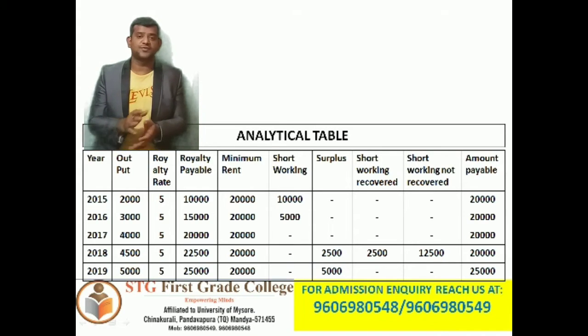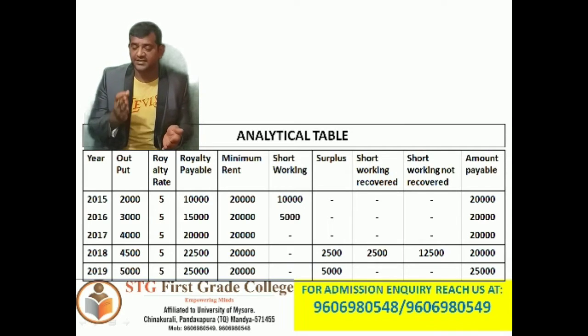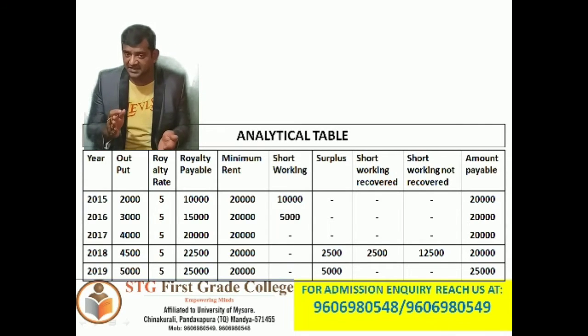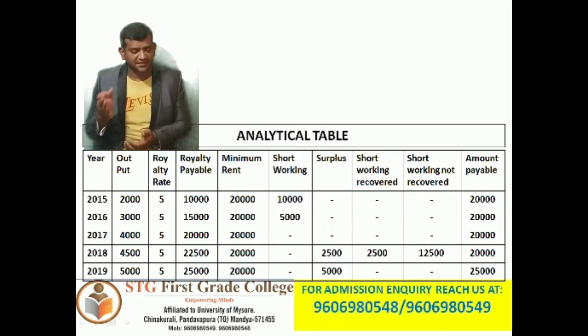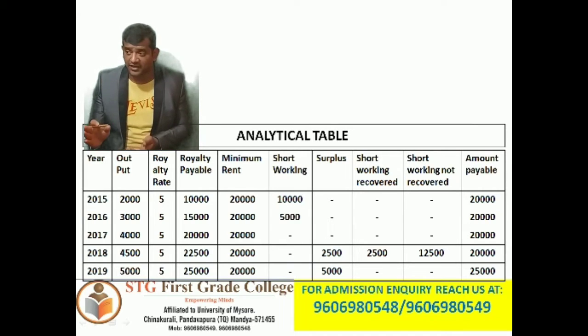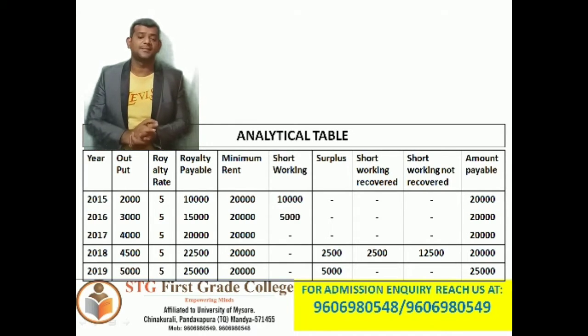Short working was 10,000 rupees because minimum rent is greater here and royalty payable is lesser. In such a case, there is a shortage of 10,000. So short working 10,000, surplus nil, short working recovered nil, short working not recovered nil, and amount payable 20,000 rupees.